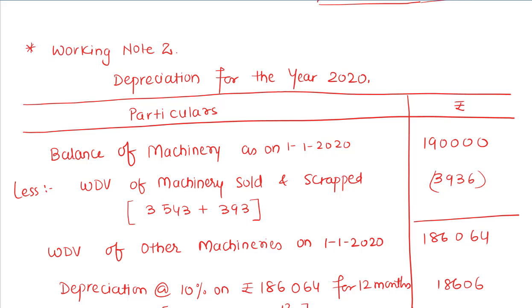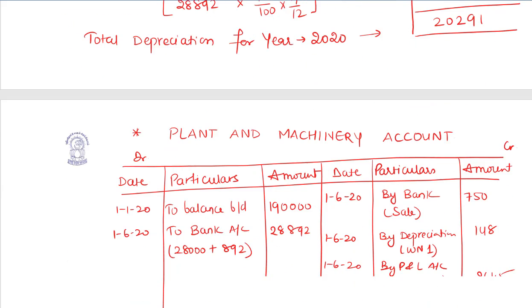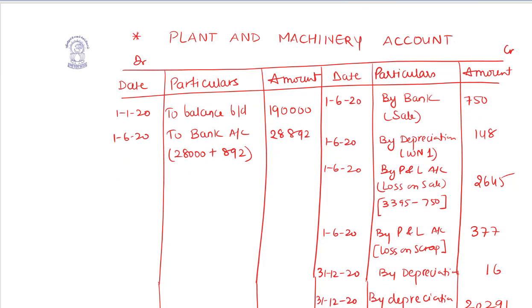Then we have calculated the depreciation for the year 2020. The total depreciation was 20,291, and at last we made the plant and machinery account. On the debit side we have recorded the balance brought down, the opening balance of 1,90,000.